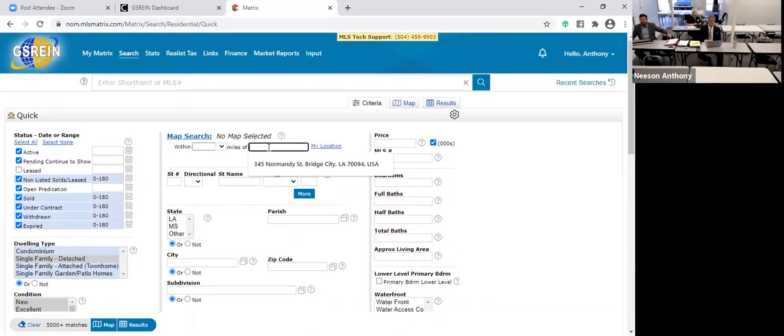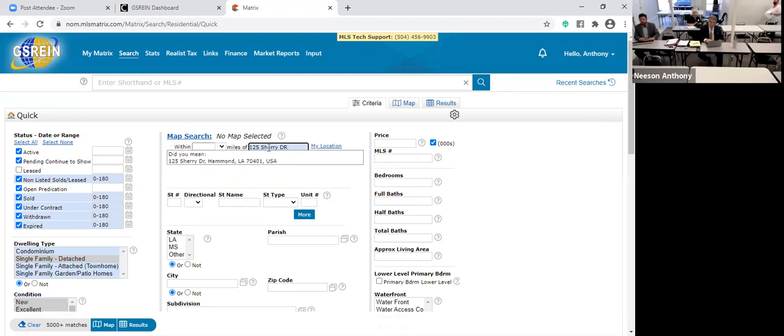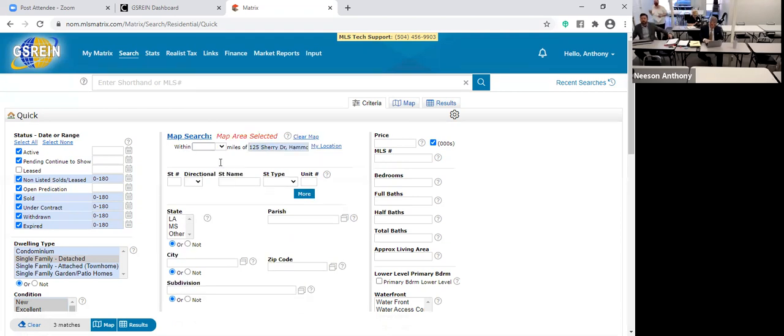Now I'm coming over here and I'm going to type in the address. So it's 125 Sherry Drive in Hammond, Louisiana. If this stays blank, this starts at 0.25 miles.